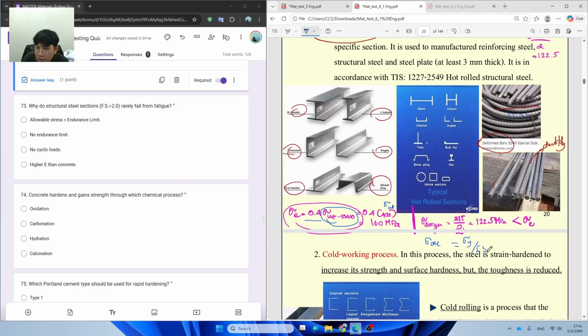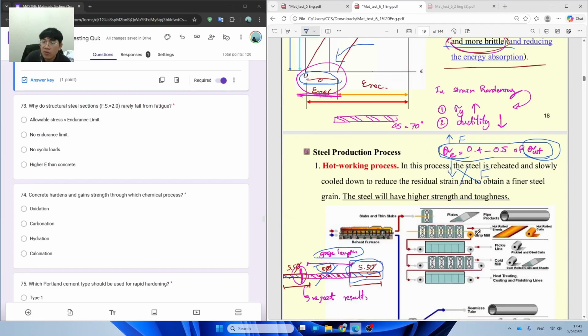So according to the SS400, the yielding stress is equal to 245, and if we divide this by 2, we're going to get 122.5, which means our endurance limit over here is 160, but our allowable stress is equal to 122.5.